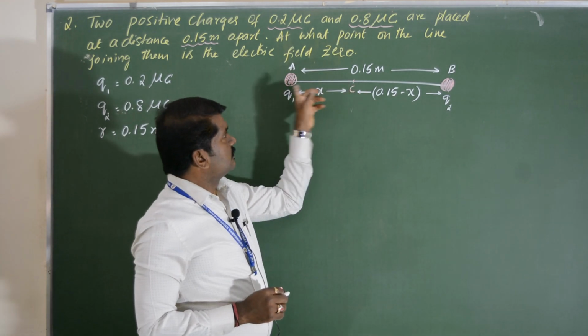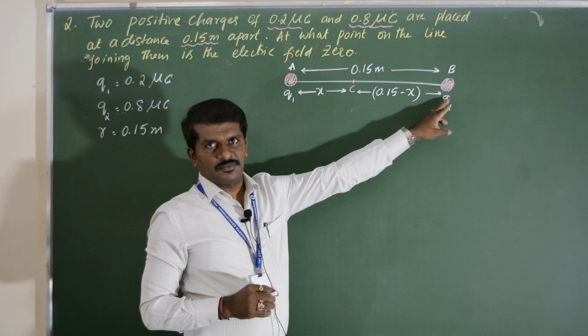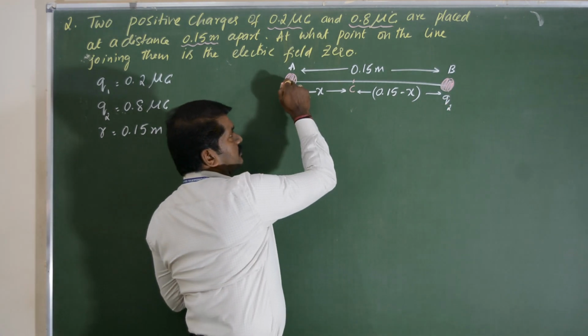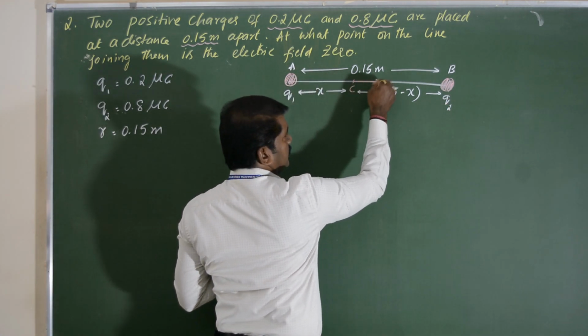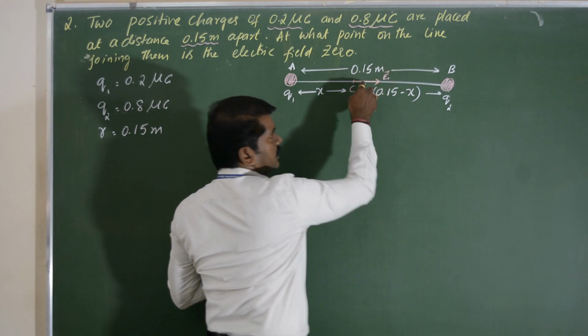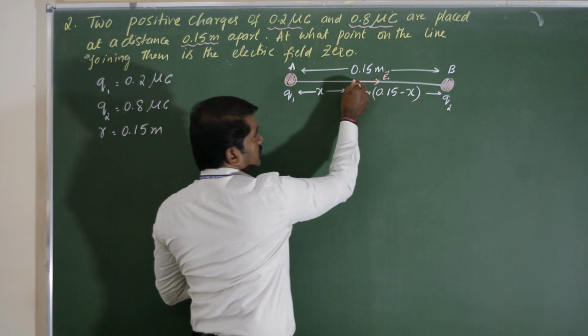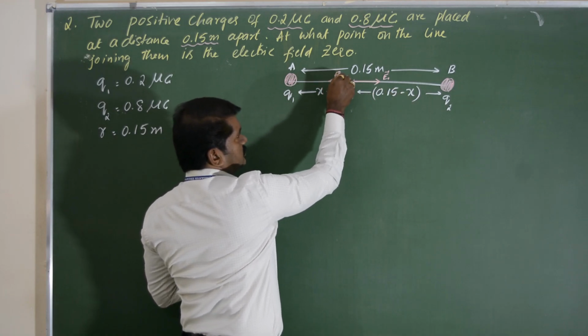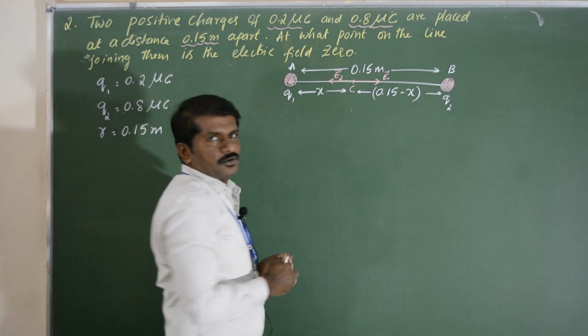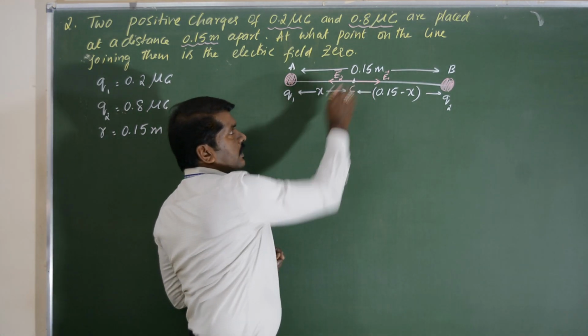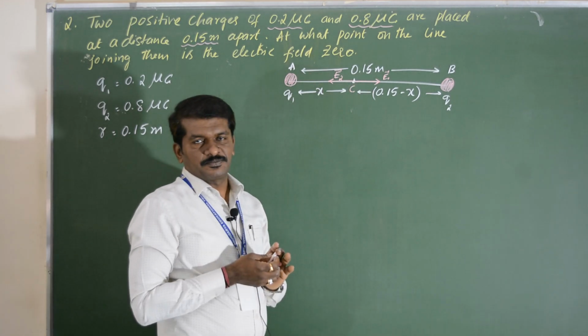Here these two are positive charges. Therefore the electric field from this charge, I'll take as E1 in this direction. The electric field at this point due to the other charge is in this direction because it is a positive charge. So E1 and E2 are acting at the point in opposite directions.